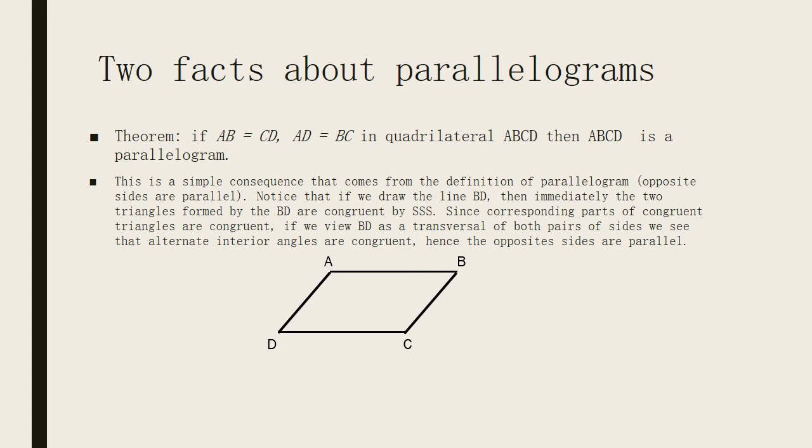So you simply draw the line BD here, and then immediately you have side-side-side congruence, and since corresponding parts of congruent triangles are congruent, you can see that angle A is equal to angle B, and if you view BD as a transversal, then you can see that AB is parallel to DC, and similarly for the other one. So ABCD is the parallelogram.